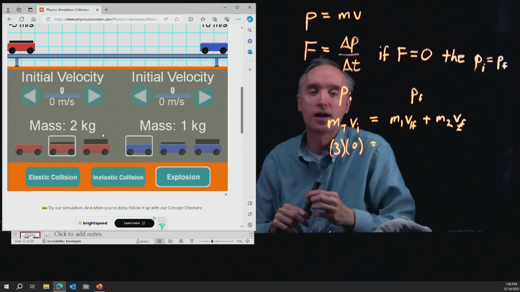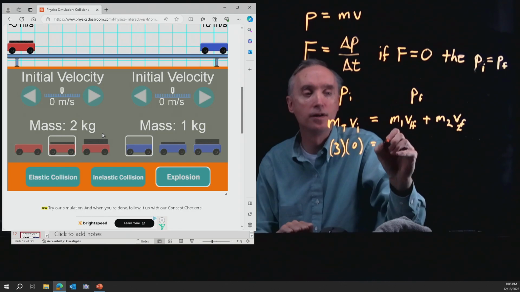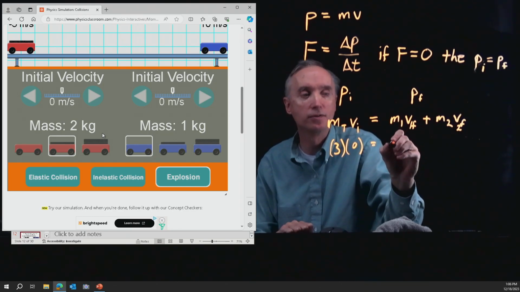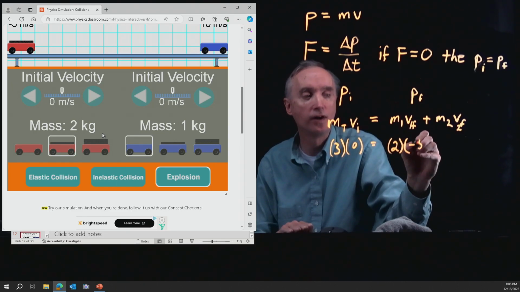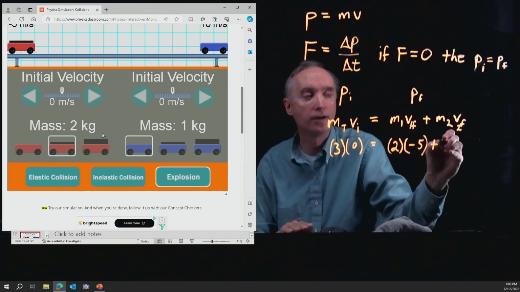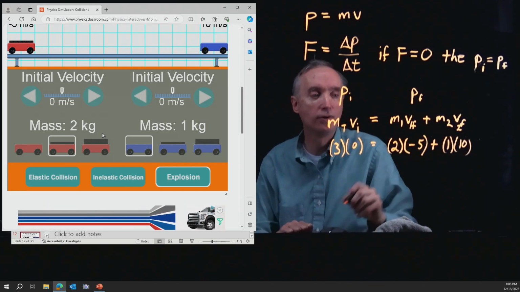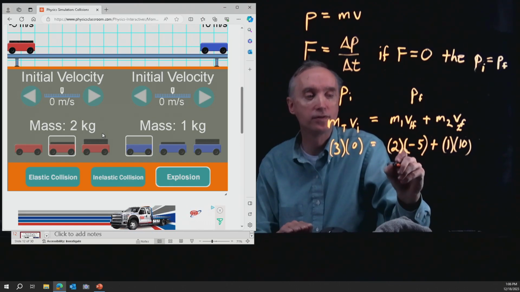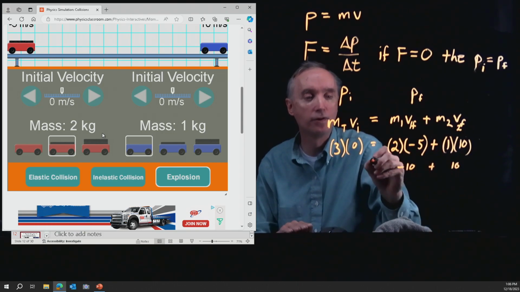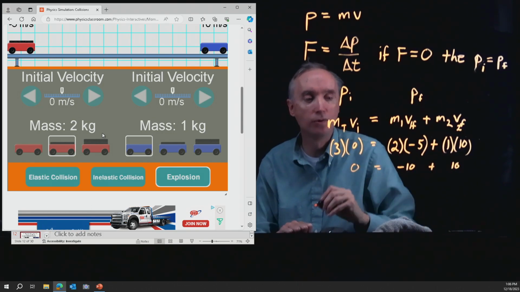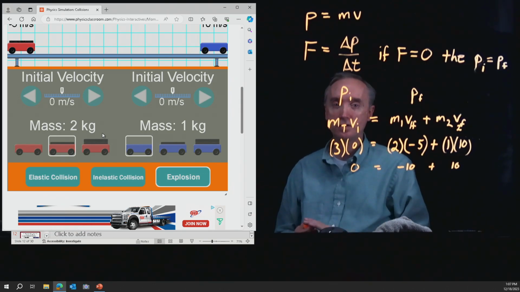So you can practice that with the simulation if you want to. And then over here, the mass of the red car is going to be 2. Its speed was -5. And then the other one had a mass of 1, and its speed was 10. And so 2 times -5 is going to be -10. This is still going to be 10. And then over here, this is going to be 0. So once again, 0 is going to be equal to 0. And so momentum is going to be conserved.